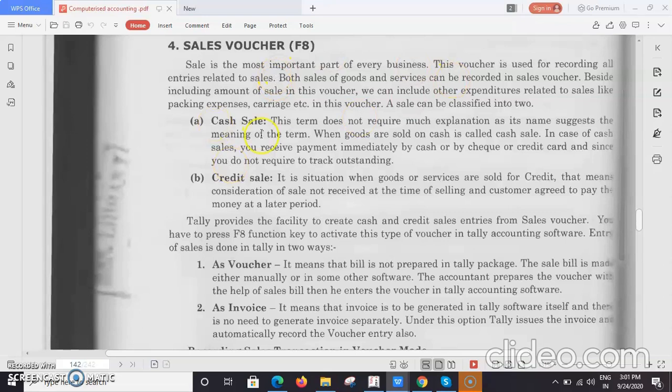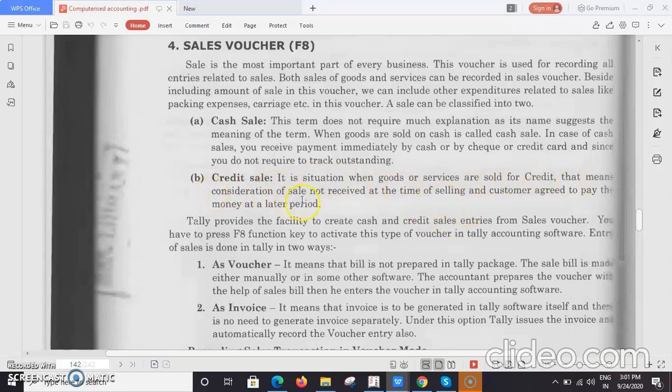Sales are of two types: cash sales and credit sales. This term does not require much explanation as its name suggests the meaning. When goods are sold for cash, it is called cash sales. In case of cash sales, you will receive payment immediately by cash or by check or credit card, and you need not track outstanding. Credit sales is a situation when goods or services are sold on credit.